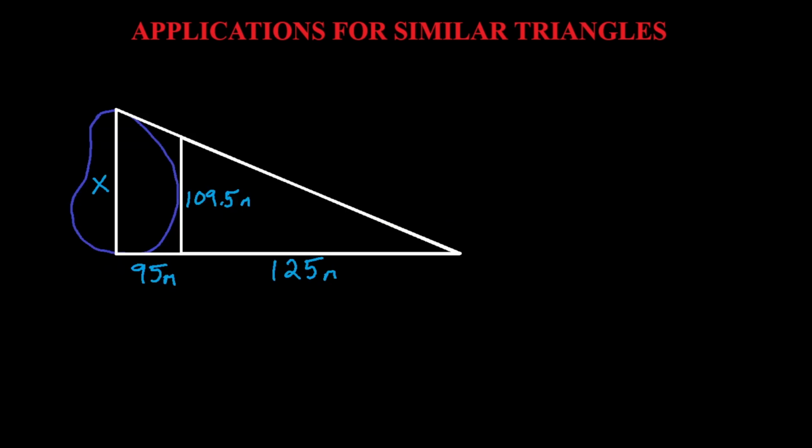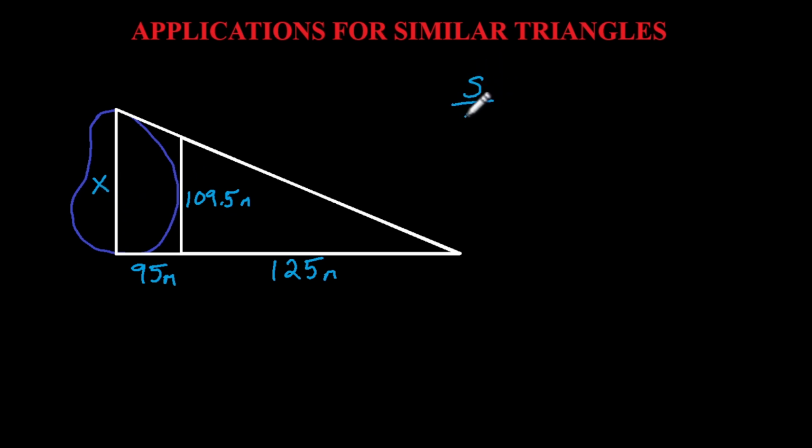In this example, we want to find the distance across the widest point of a lake, and we're able to measure on one side of the lake. So again, we have two triangles, and the distance across the lake is the unknown, so we'll put x there. So we'll start off by forming the proportion.